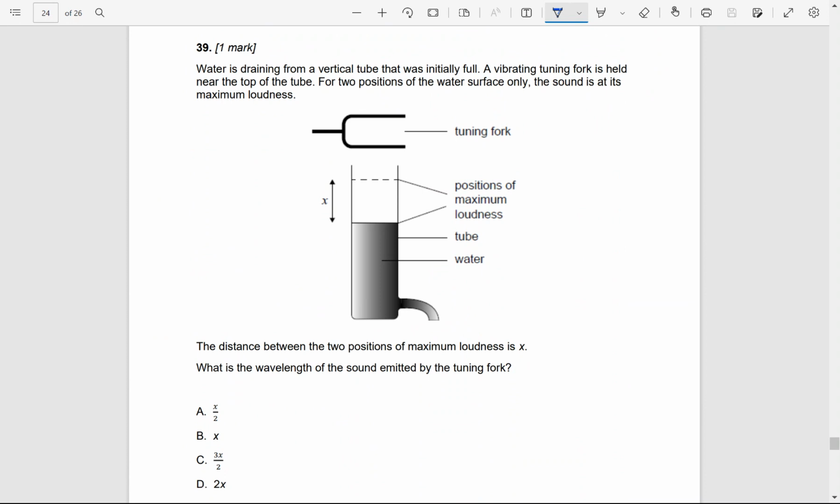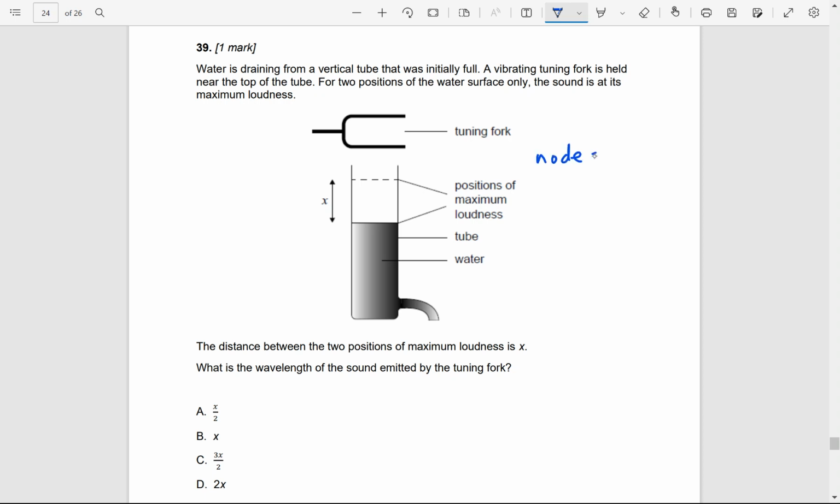Right. So, okay. So we know that when you've got a standing wave, there's going to be positions of antinodes and positions of nodes. At nodes, there is 0 vibration. And of course, sound wave requires vibrations so that we can hear the sound wave.